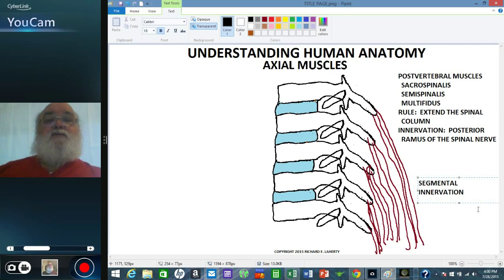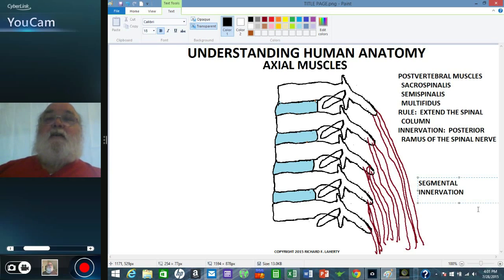And when we have muscles that are innervated this way, it means you don't have to memorize which nerves supply the muscle. We know that they are the nerves that are in the immediate vicinity of the muscle, branches of the spinal nerve.